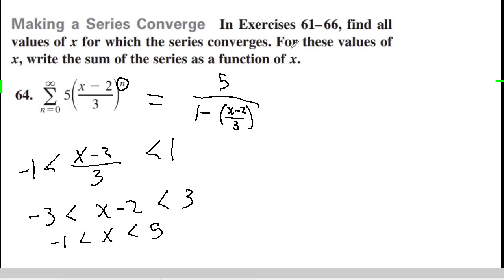And so that's what it's asking for. For these values of x, write the sum of the series as a function of x. And again, what we might want to say is this only happens when -1 is less than x, which is less than 5. So for x between -1 and 5.